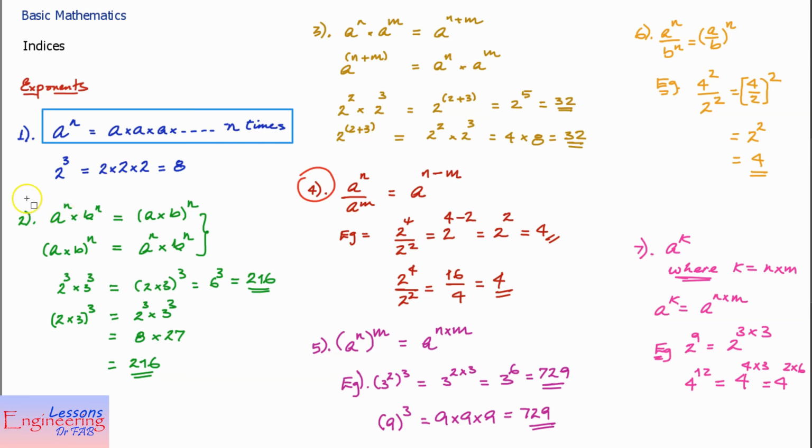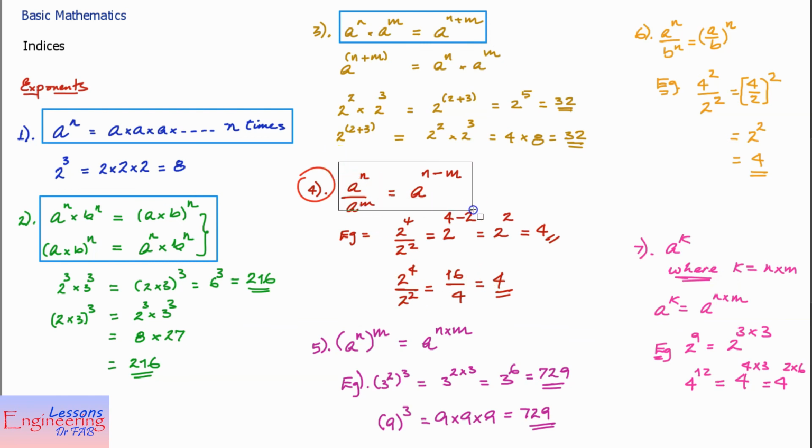Second is the product term involving similar exponents, and the third one is also a product term between powers involving different exponents, and again a quotient term involving different exponents.